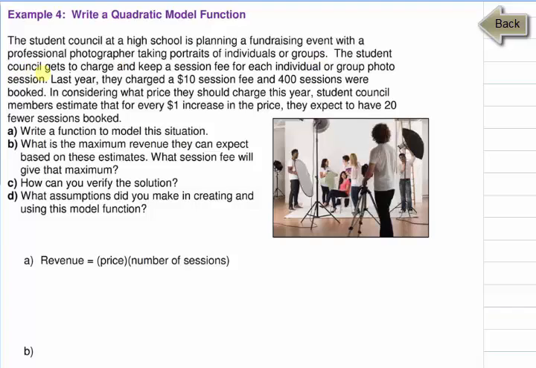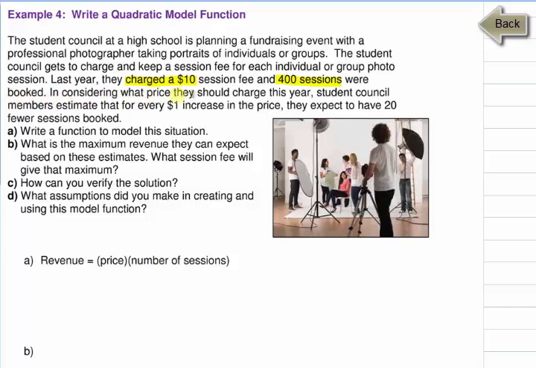The student council gets to charge and keep a session fee for each individual or group photo session. Last year they charged $10. Just going to highlight that because that information is important. They charged a $10 session fee and 400 sessions were booked.